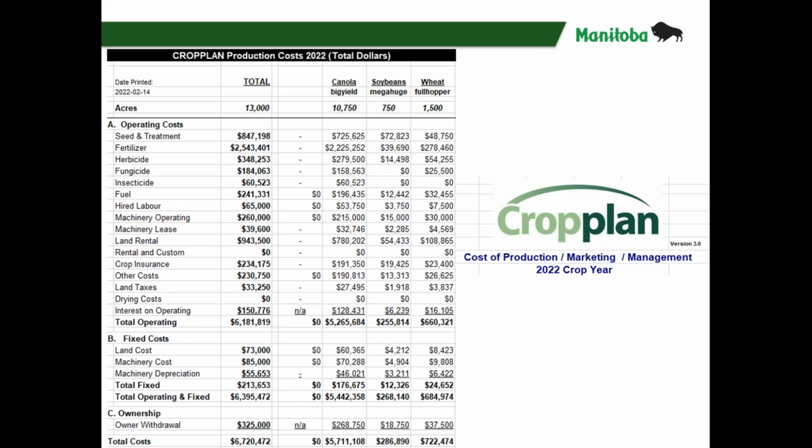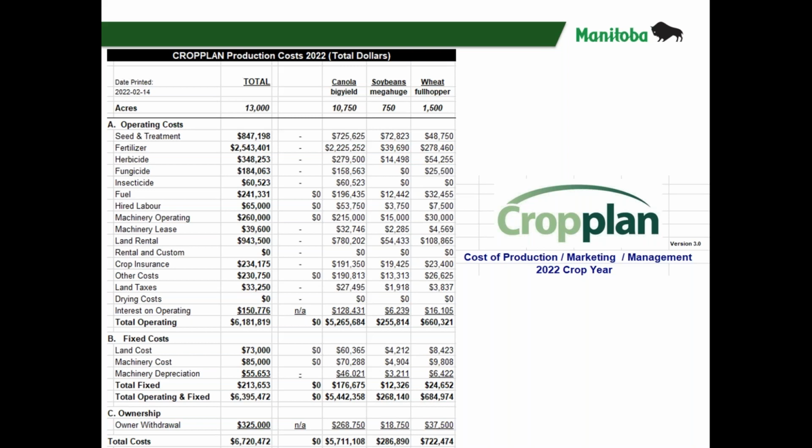We have a neat little tool called CropPlan that can come up with this information pretty quickly and succinctly, and I think it's very important to be doing that this year, because again, these costs are going to creep up on us and could surprise us. And the nice thing about this tool is that it's preloaded with all of our cost of production data, so it allows you to start off with our numbers, but of course your numbers are always the best.